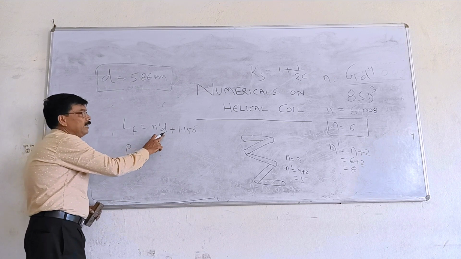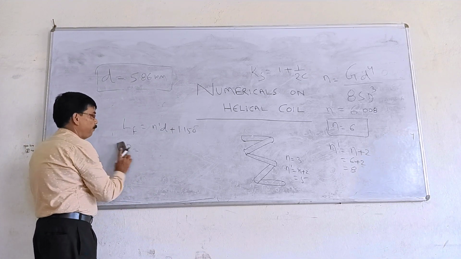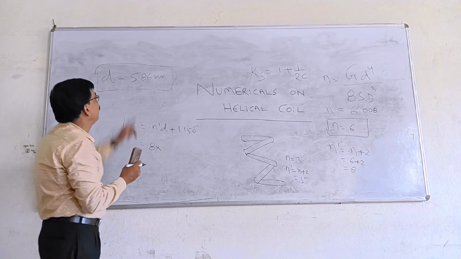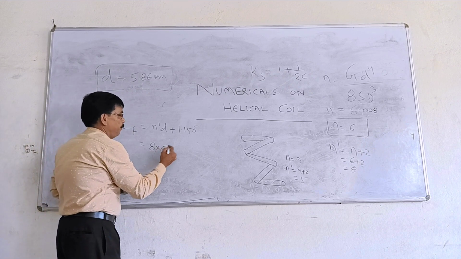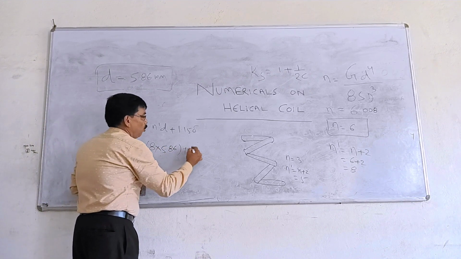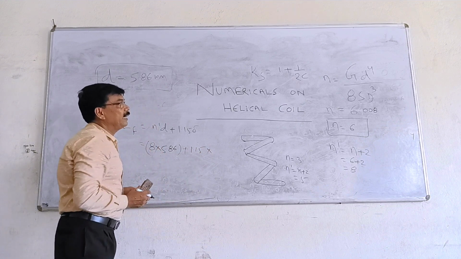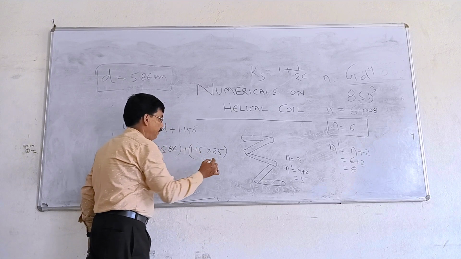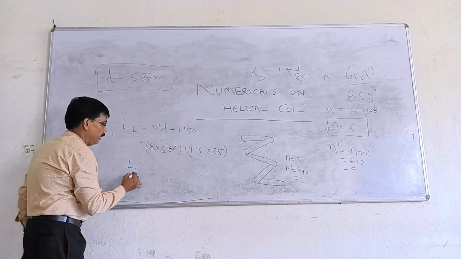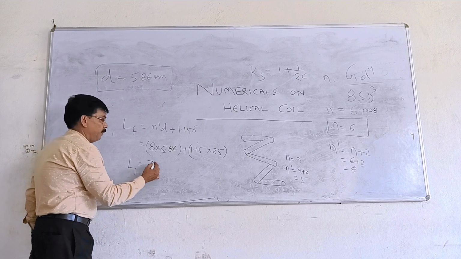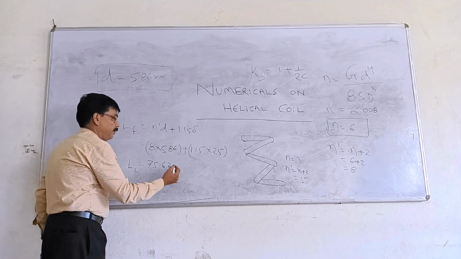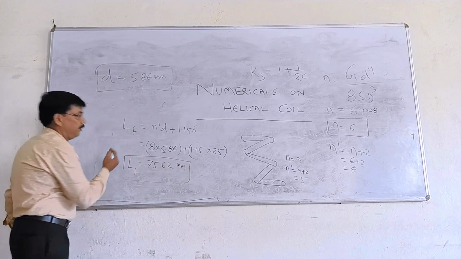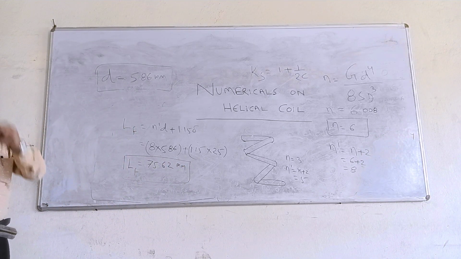So n dash value is 8, into wire diameter small d value 5.86, plus 1.15 into delta. The delta value, deflection, is 25. It is given. So the LF value, free length value, is 75.6 mm.